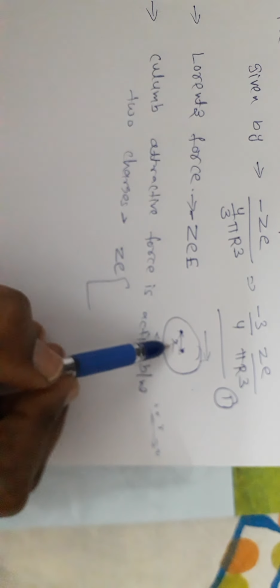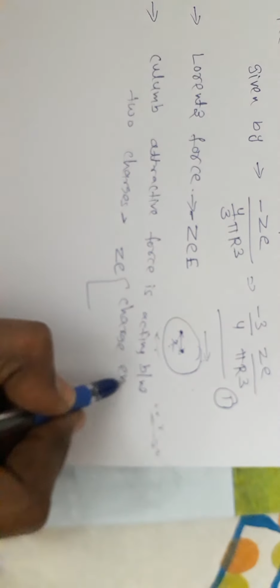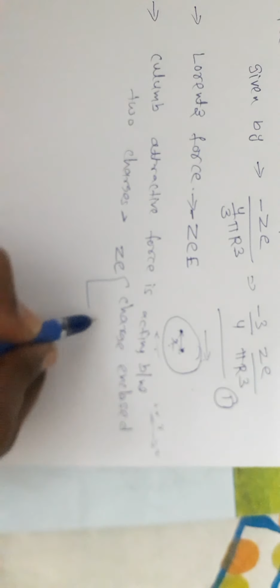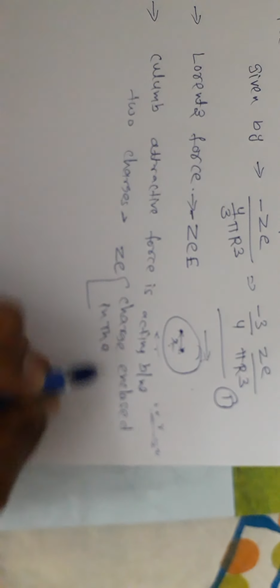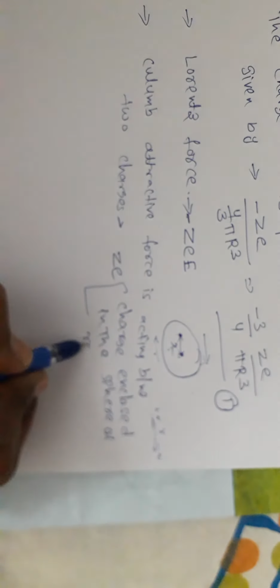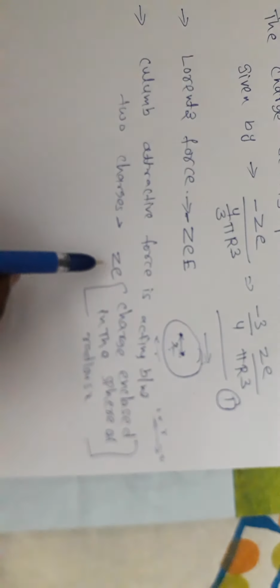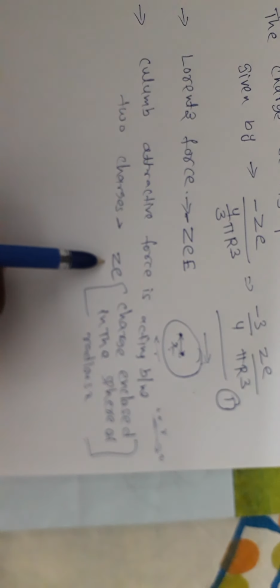Now the new sphere of radius x, so the charge enclosed in the sphere of radius x. One is the positive charge, that is ZE.